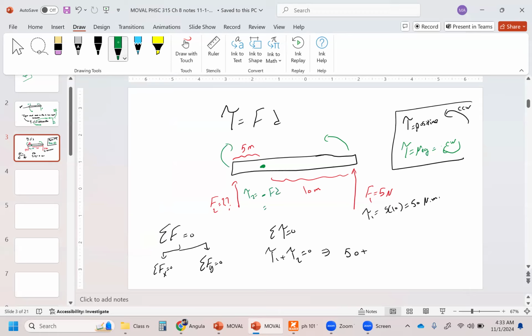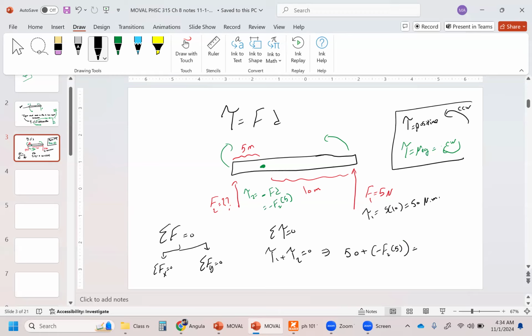And in this case, it'd be minus F2 times your distance 5. So over here, it is going to be minus F2 times 5.